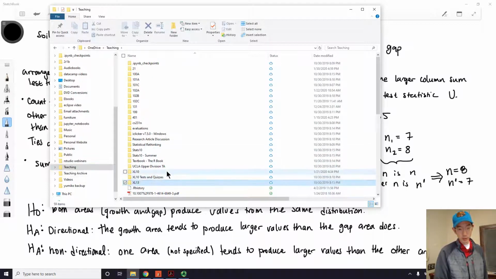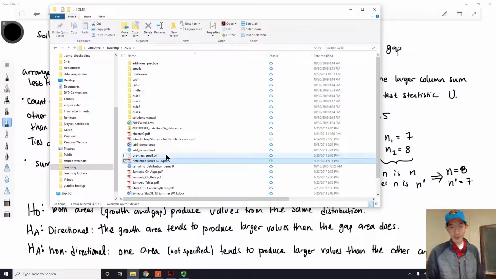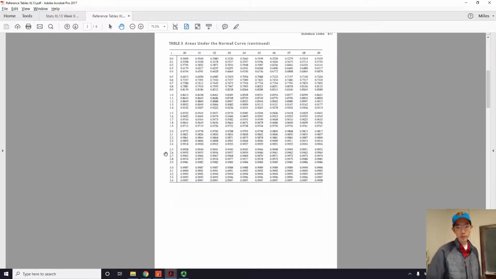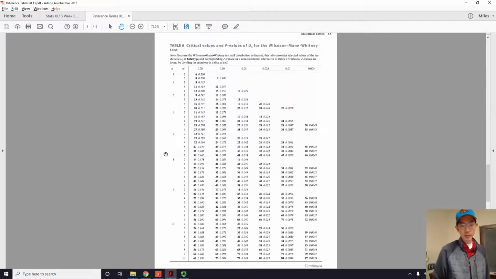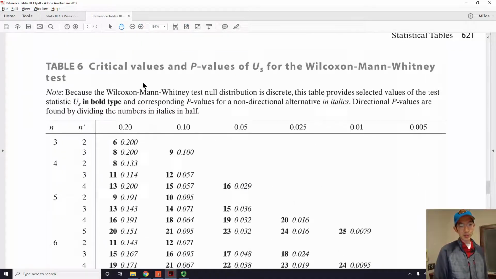Where am I looking? Reference tables. All right, so here is table 6, critical values and p-values of U for the Wilcoxon-Mann-Whitney test.